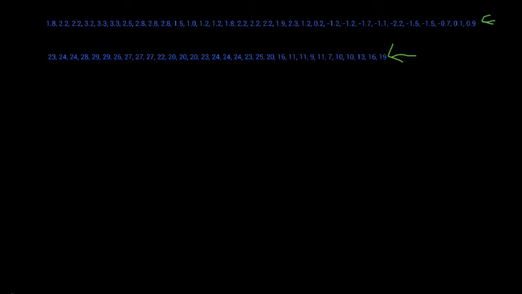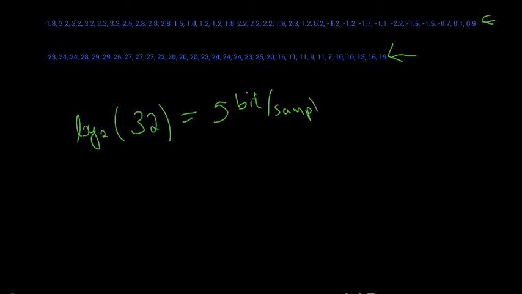Now, the last question in the problem was to find the maximum number of bits required to transmit this sequence. So we know that there were 32 quantization levels. That means we need log base 2 of 32 bits to represent that, and that comes out to 5 bits per sample. We also know that there are 32 samples that were provided.